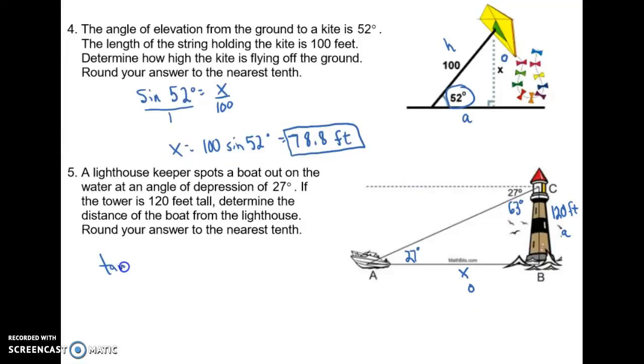Tangent of 63 is the opposite, which is x, divided by the adjacent, which is 120. Again, that's over 1, so cross multiply. x is 120 tangent 63 degrees.